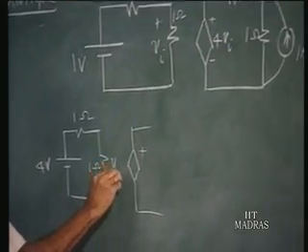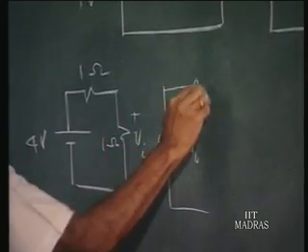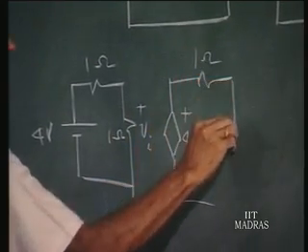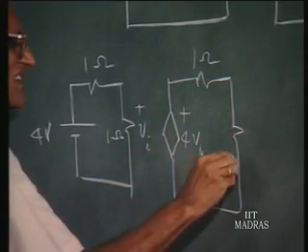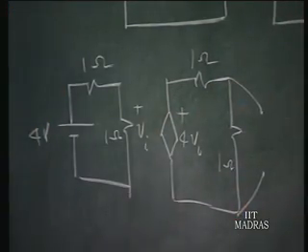So if this is Vi, this is 4 times Vi, and you have a 1 ohm resistance and another 1 ohm resistance, and this current source is open circuit.